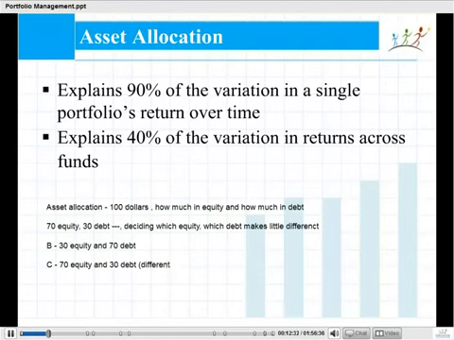So even in equity, I have an option to invest in different stocks.